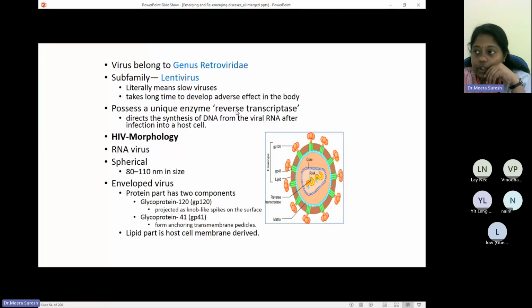Using this, the virion particles will come out of the cell, and then move to the next cell and repeat the same process. So why HIV becomes this severe is that HIV gets into the human cell and changes the protein production process.